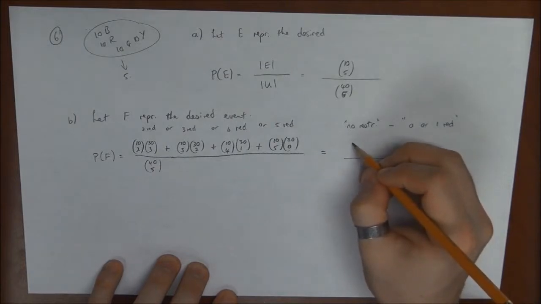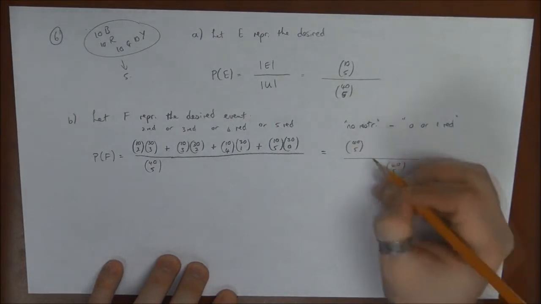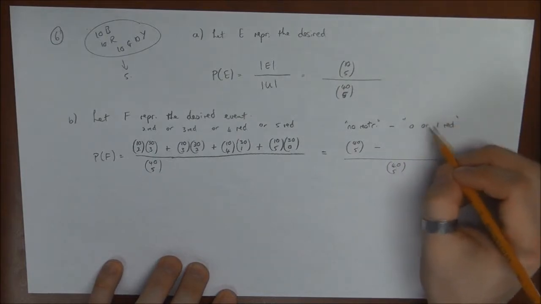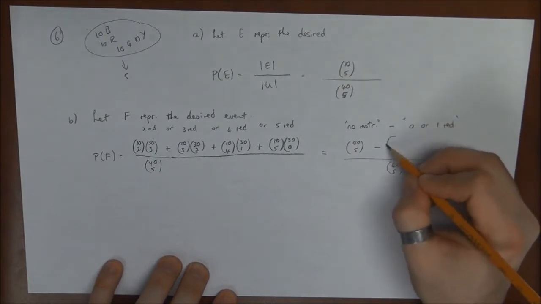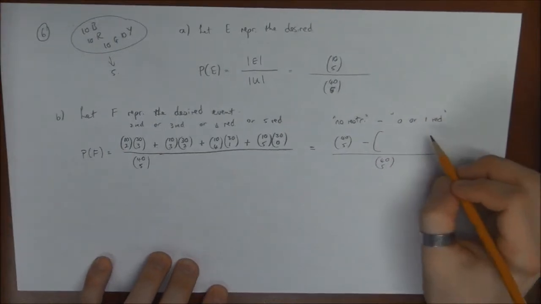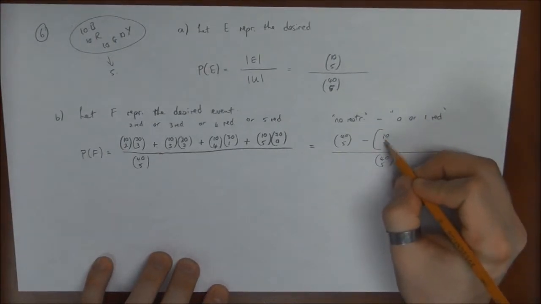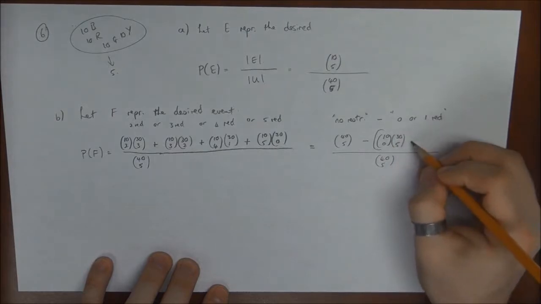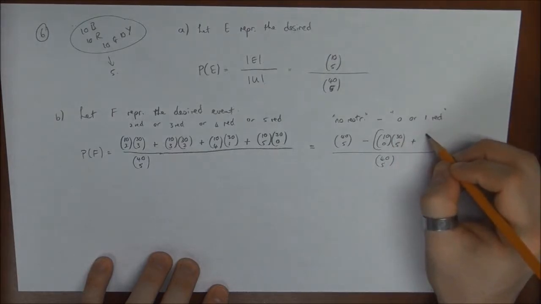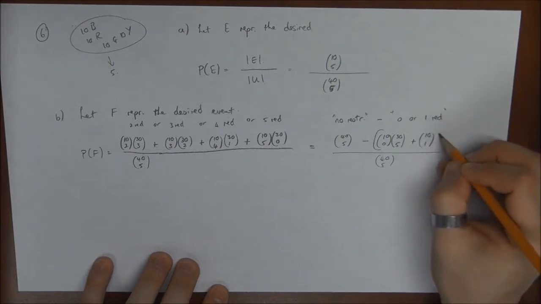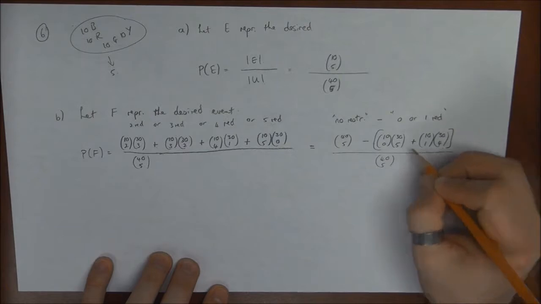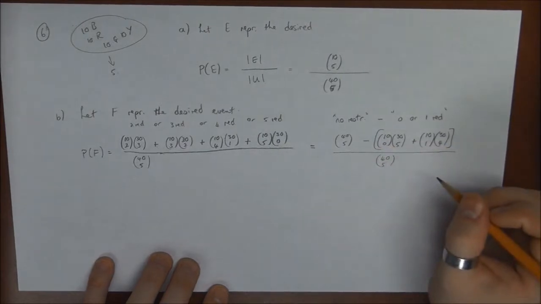No restriction would simply be 40 choose 5, as the bottom is, minus, but now there are 2 cases here, so I'll put that in brackets. 0 red, so select none of the red and all 5 out of the remaining 30, or 1 red and only 4 other balls. As long as you have those brackets, everything's going to be fine.